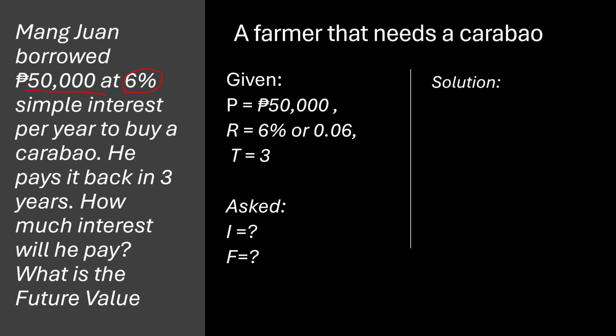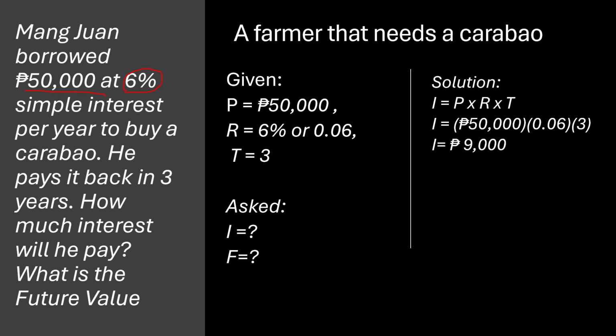To solve the interest, we will use the magic formula. I is equal to the principal times rate times time. Substituting the values, we have 50,000 pesos times 0.06 times 3. We have an interest of 9,000 pesos.